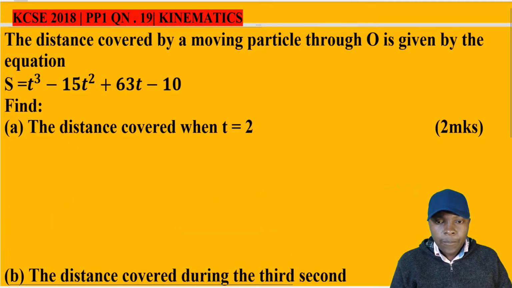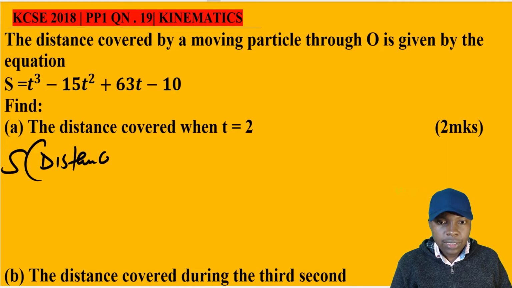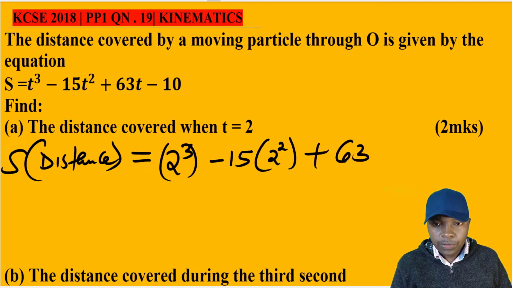We begin with the first one, the distance covered when t is equal to 2 seconds. The distance is denoted by s, and to get the distance when t is equal to 2, we simply take the expression for the distance and replace t with 2. So 2 cubed minus 15 times 2 squared plus 63 times 2, then subtract 10.